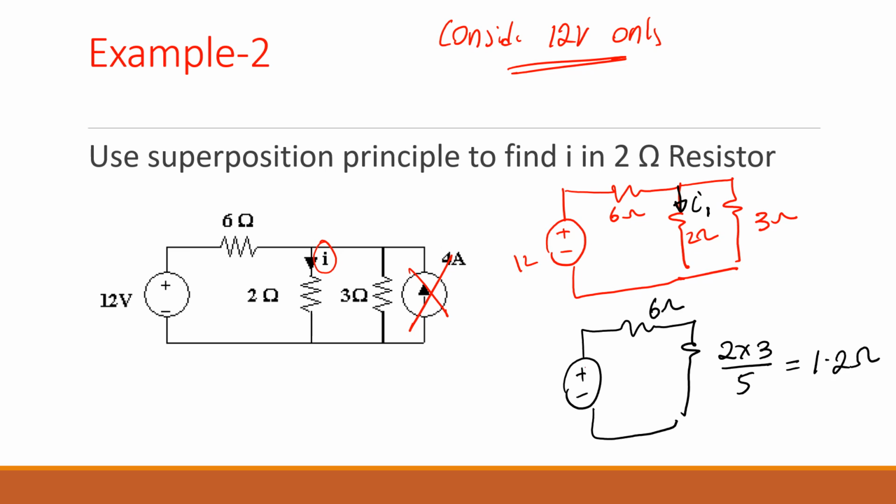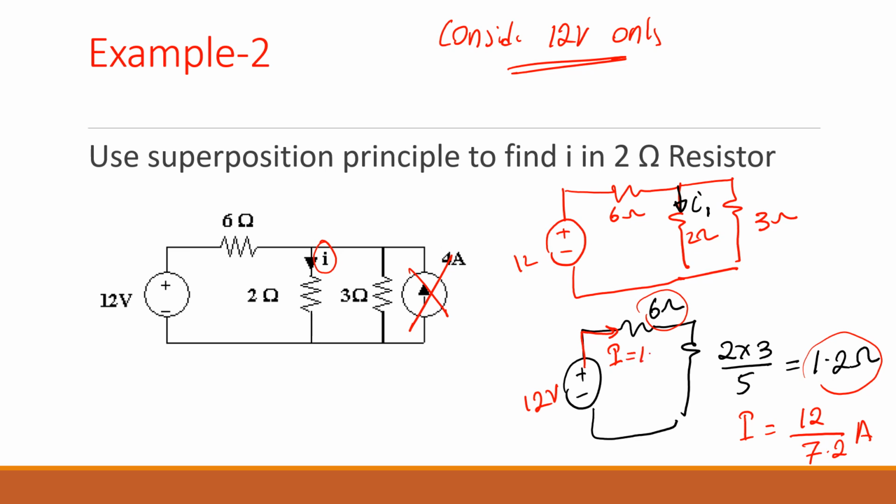If you do that, can't we find the total current coming out from this 12 volts? Can we find the total current? Yes, so total current will be voltage divided by the total resistance, 6 plus 1.2, 7.2. Do you agree with that? So what will be the current? 12 divided by 7.2. 1.6 amps.